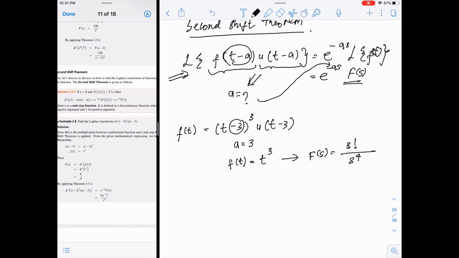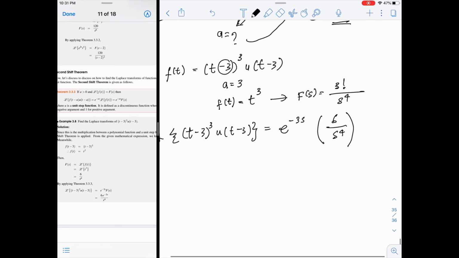So the complete answer for the Laplace of your equation, which is t minus 3 cubed times u of t minus 3, is equal to exponent negative as. Your a is 3, so you have negative 3s, and then you have your F of s over here, which is 3 factorial, equal to 6, over s to the power of 4.